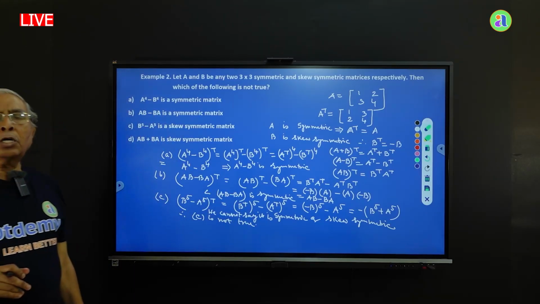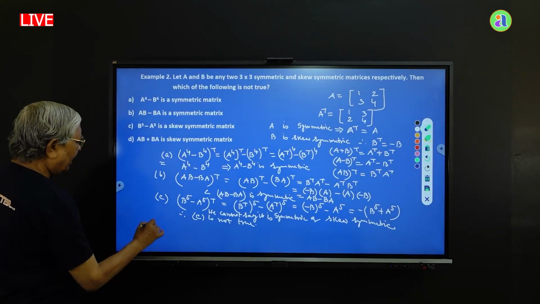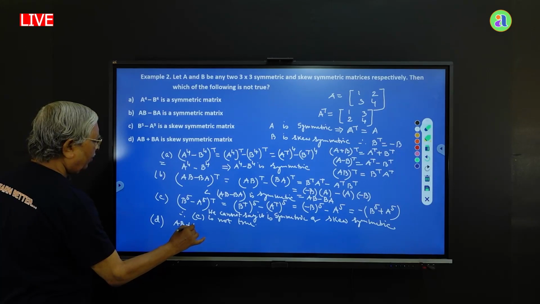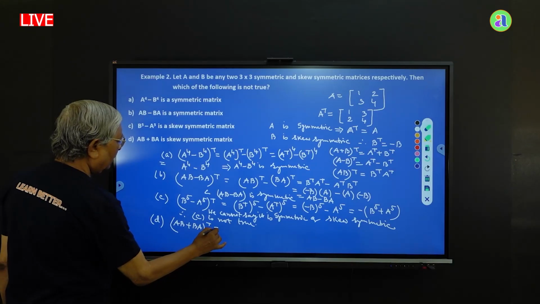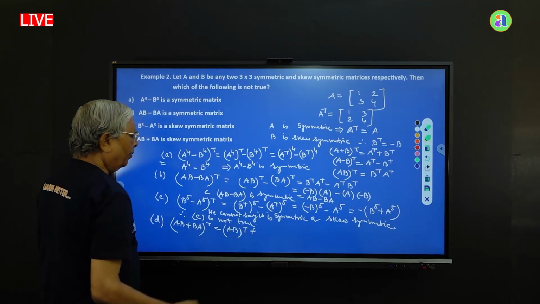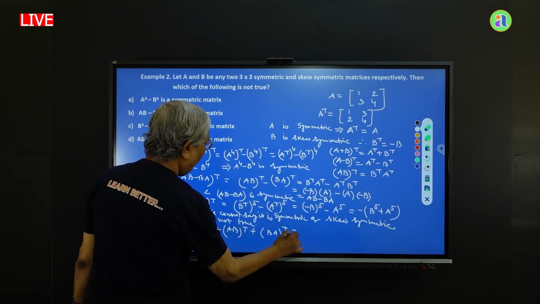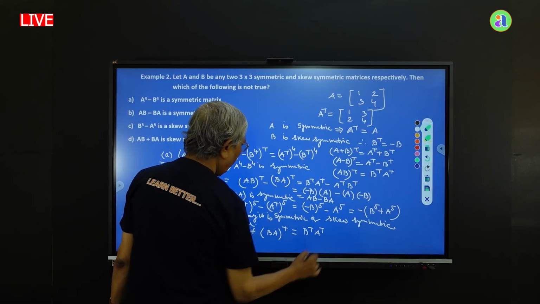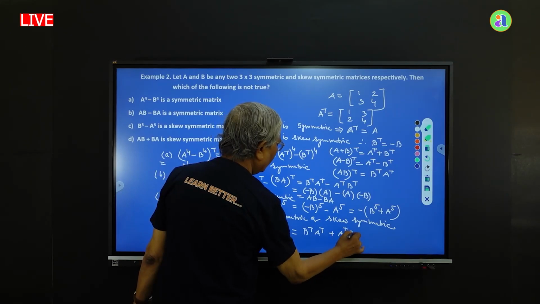If you want to see whether the fourth is correct or not, let us verify. Fourth one, (AB plus BA) whole transpose is equal to (AB) transpose plus (BA) transpose, equals B transpose A transpose plus A transpose B transpose.